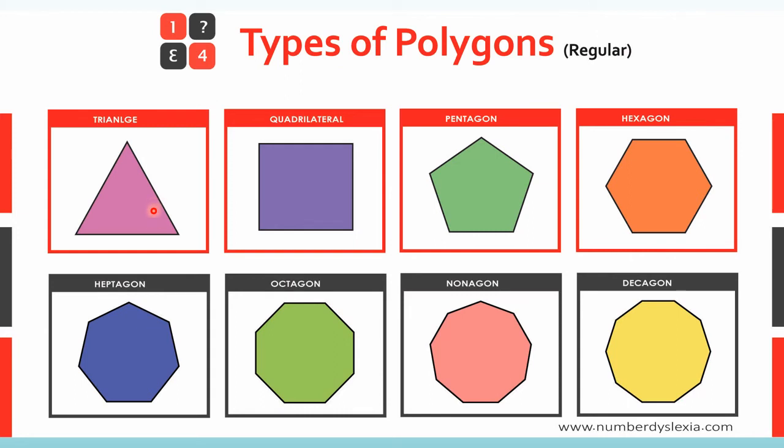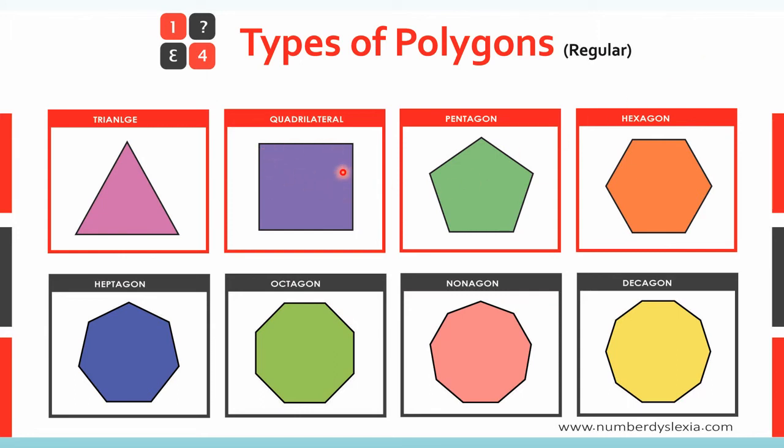See over here, if it is an equilateral triangle, then all the angles will be equal. What is the measure of an angle in an equilateral triangle? It is 60° each. And all the line segments are equal, having equal measures. Then it is a regular polygon.